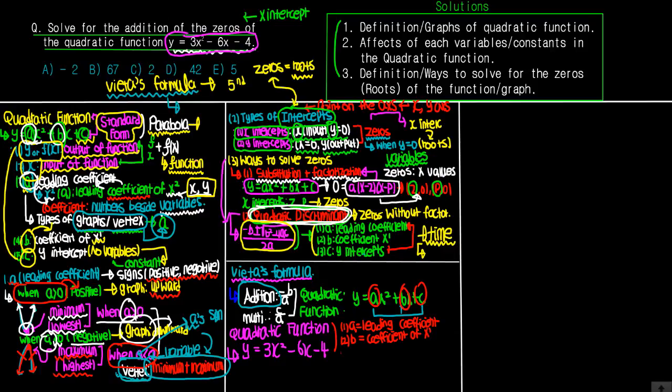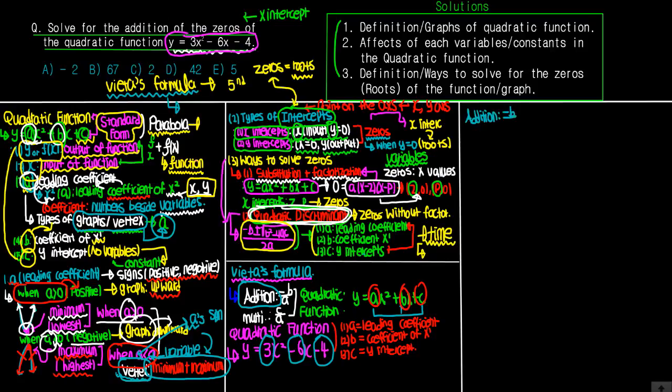And the last thing will be c, which is our y-intercept. So using these, we could easily figure out the leading coefficient will be 3. The b coefficient of x to the first power is negative 6. And the c y-intercept is negative 4.